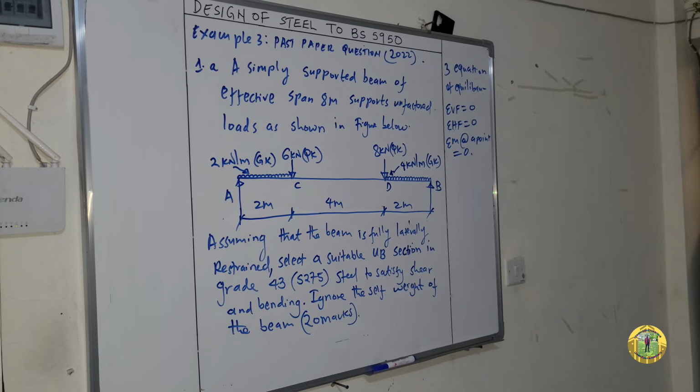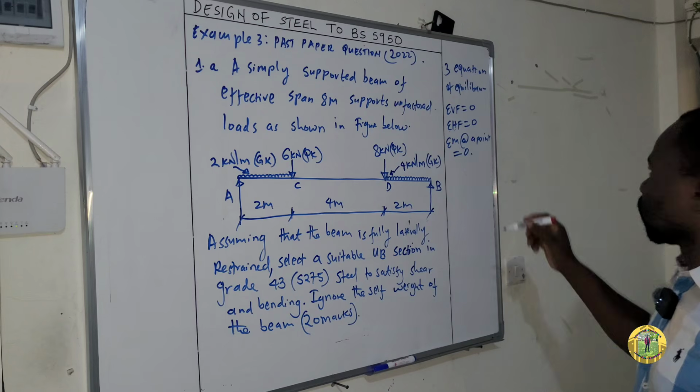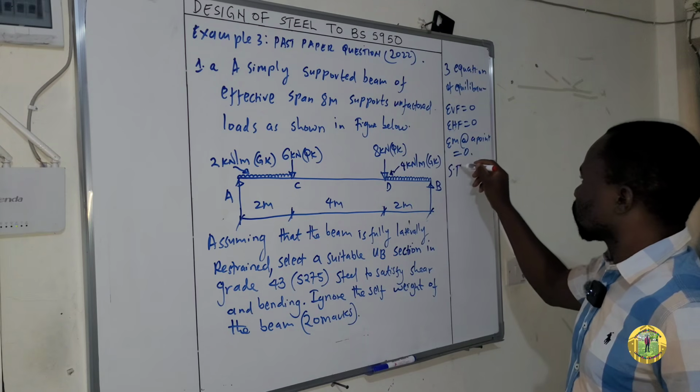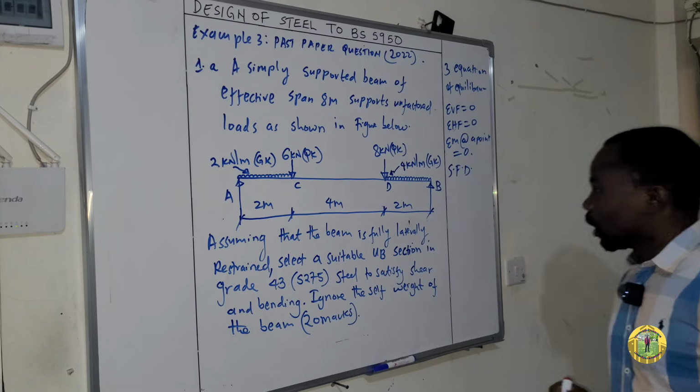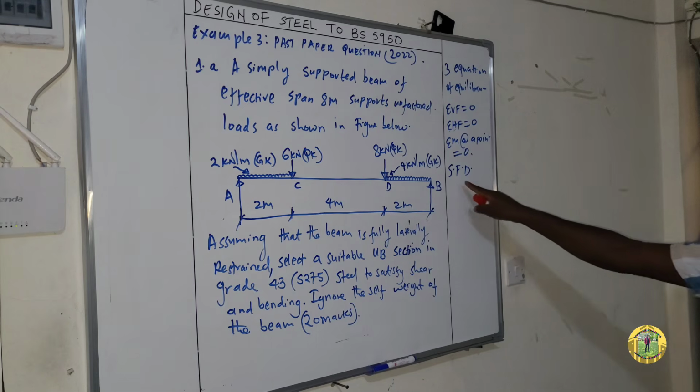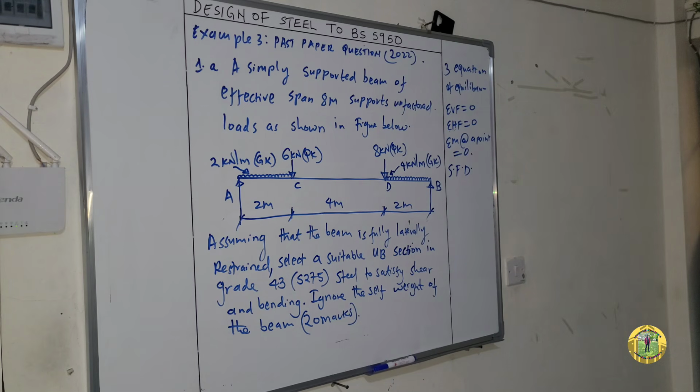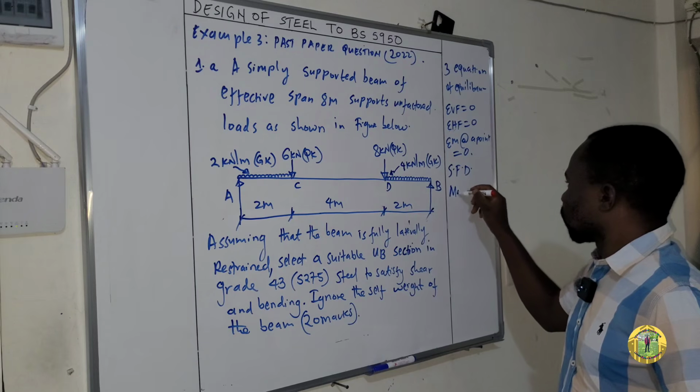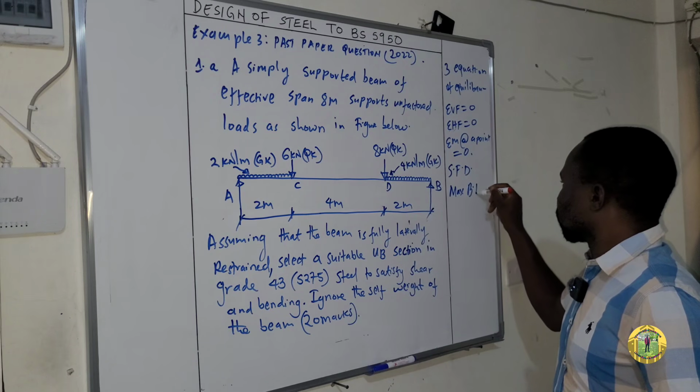After determining the reaction at A and also reaction at B, then you'll be able to draw the shear force diagram. And after drawing the shear force diagram, it will show you where the maximum bending moment is. So from the shear force diagram, you will calculate the maximum bending moment.